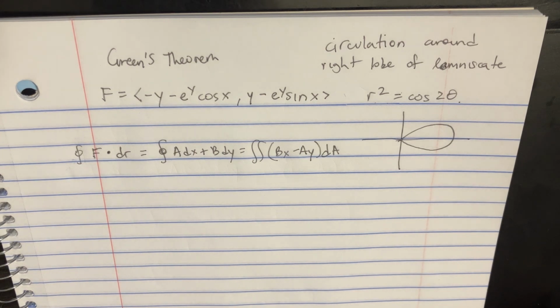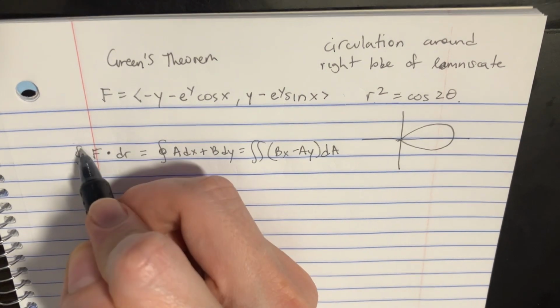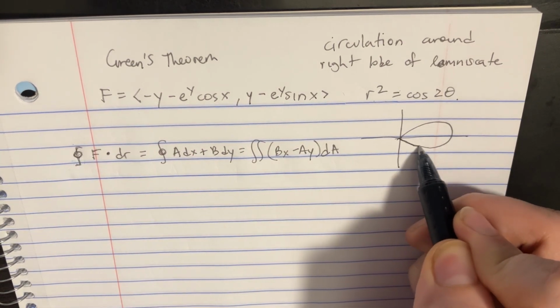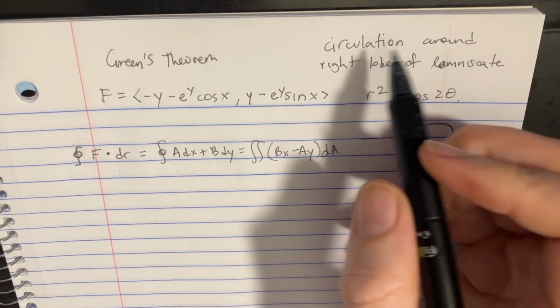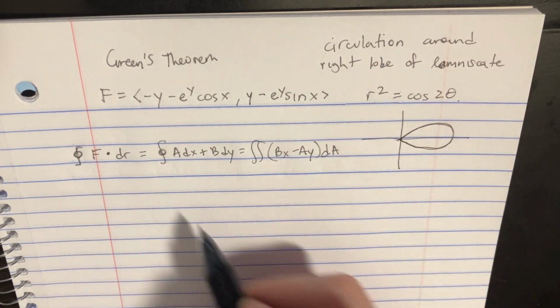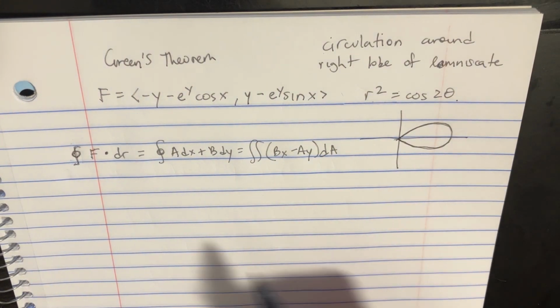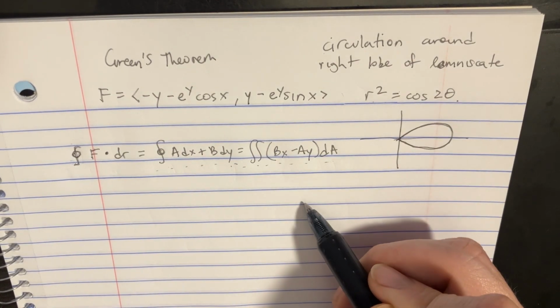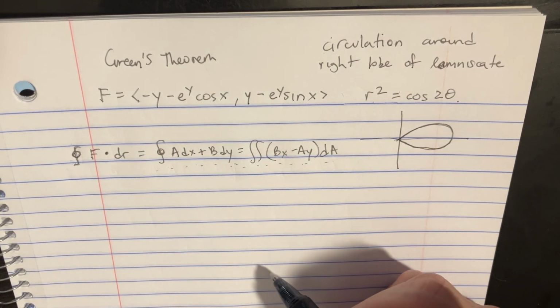Essentially, if we're trying to integrate over a closed curve, and that's what we're trying to do here, we're going to integrate the circulation. This is going to give us circulation. This is what Green's theorem says we can do. We can use one of these two versions.